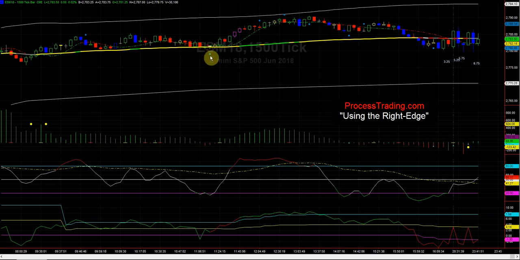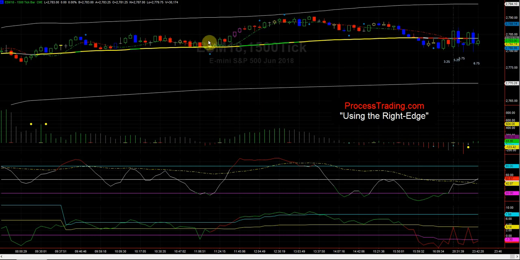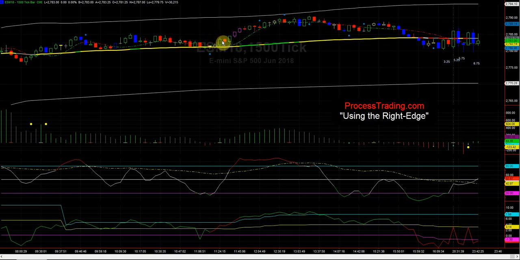The trade management system says that we must place our order entry 2 points above the high of the bar associated with the timing alert dot. So the high of this bar here is 2781.50. So we would have to place our trade at 2783.50.